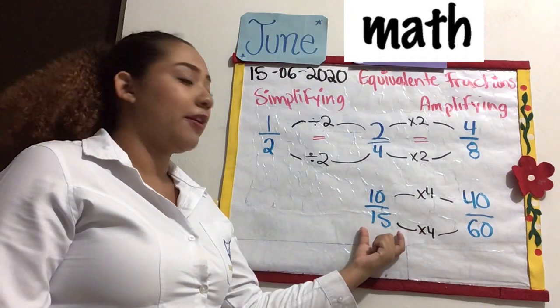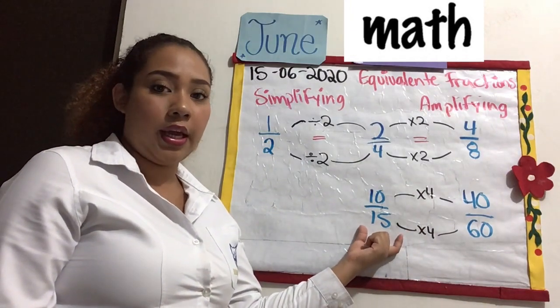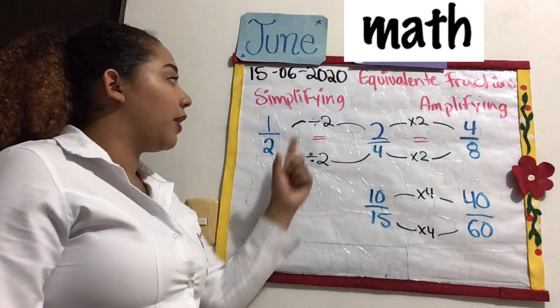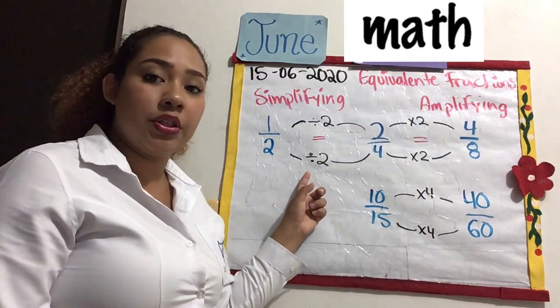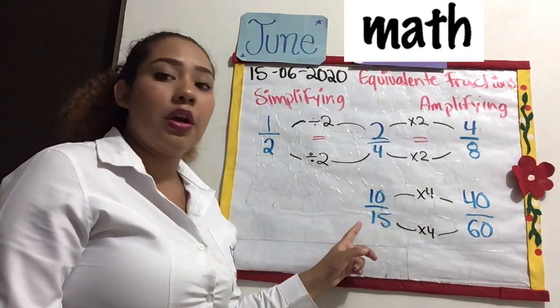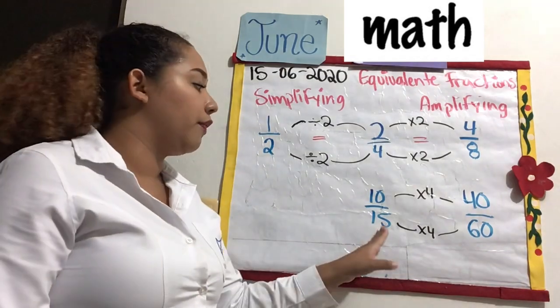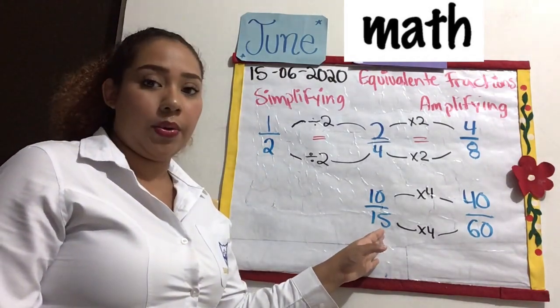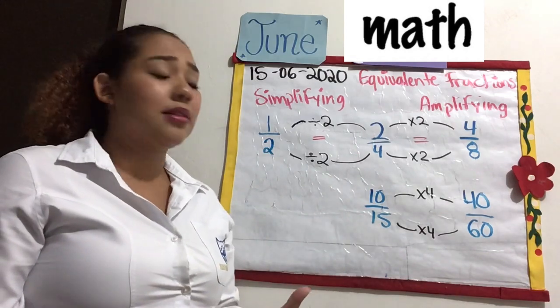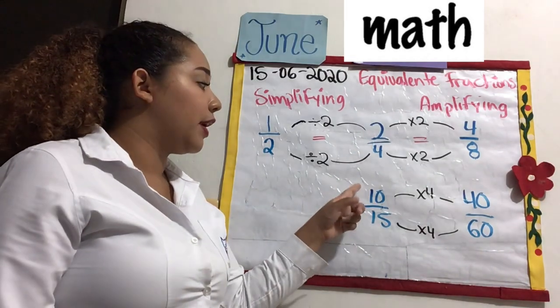Now let's simplify this fraction. In this case, simplifying means you have to make a division. We're going to divide this fraction by what number? Well, if you observe, you can't divide it by 2, because that is not the common factor.